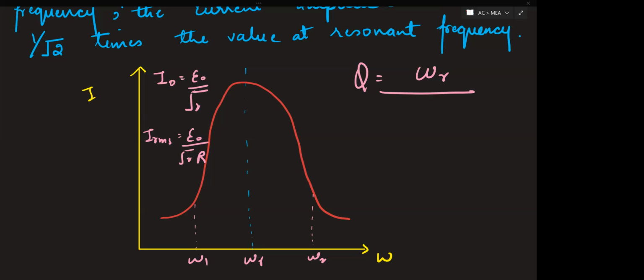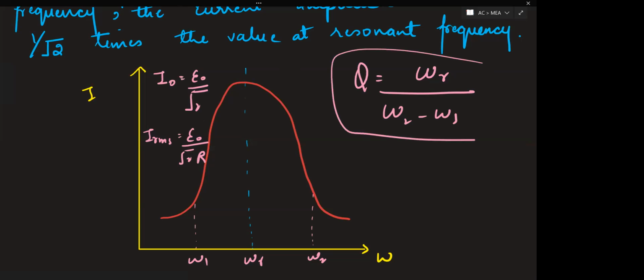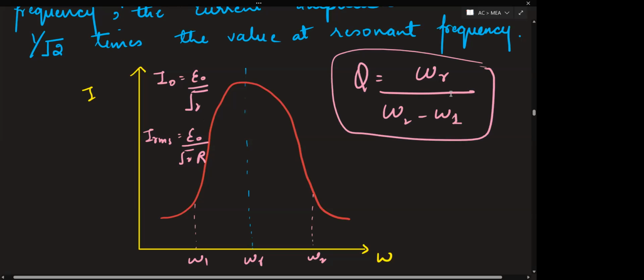That is the difference of the frequencies taken on either side of the graph. So what are the two frequencies that are taken on either side of the graph? Omega 2 minus omega 1. Just write this definition of Q factor in terms of words. Now I am repeating the statement.